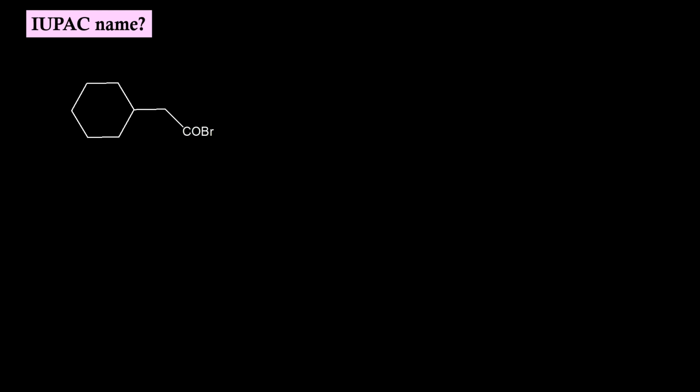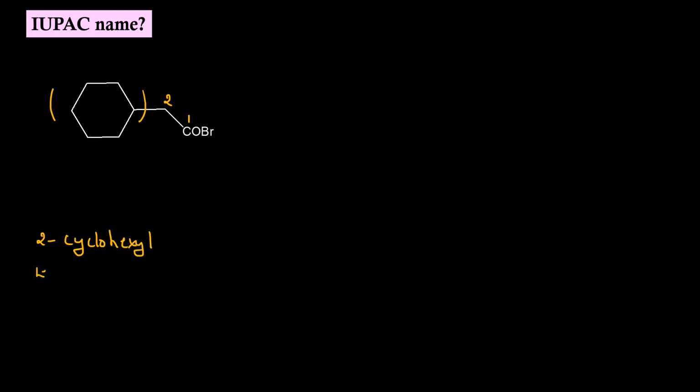Extending the same logic even to this molecule, this carbon will be numbered 1. This is 2. Whole cyclic group will be considered as a substituent. So the secondary prefix will be 2-cyclohexyl.